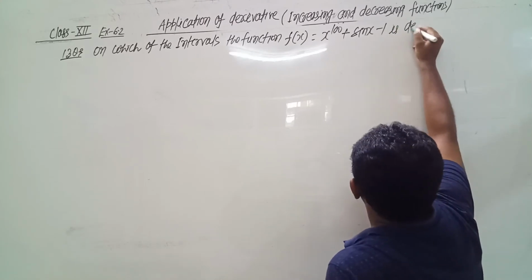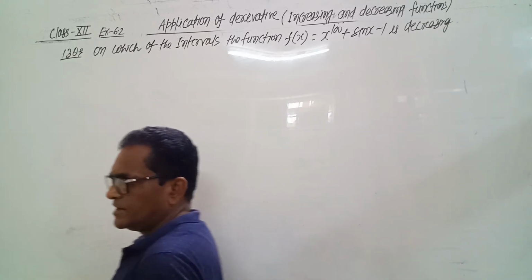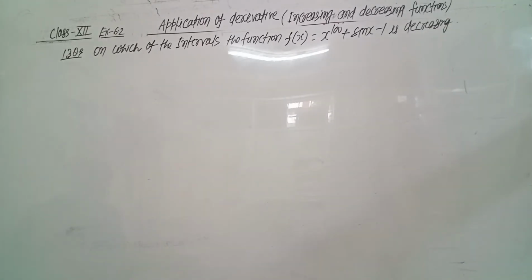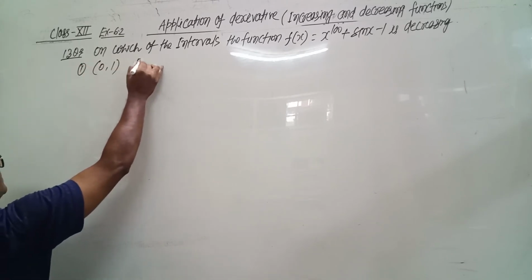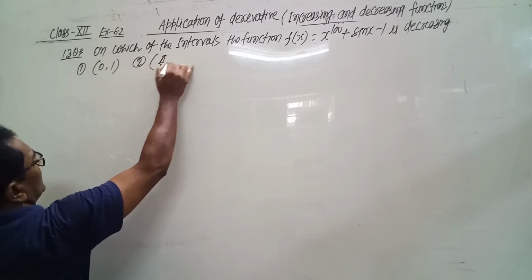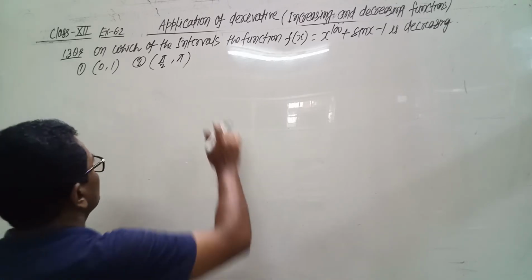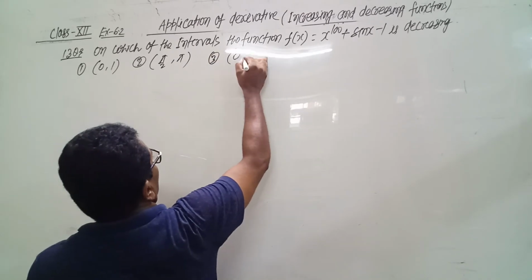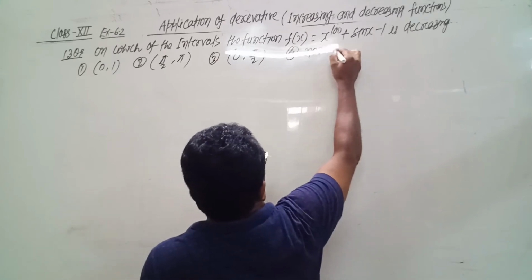The intervals given are 0 to 1, pi by 2 to pi, 0 to pi by 2, and the fourth is none of these.